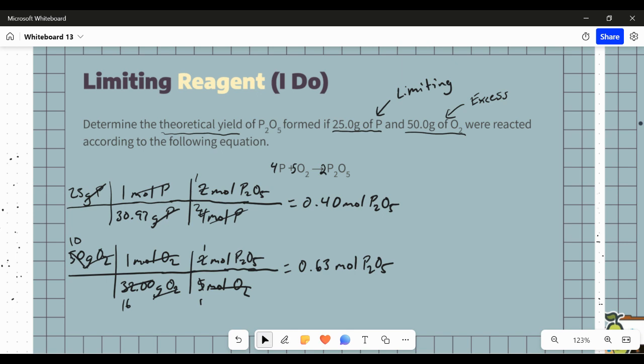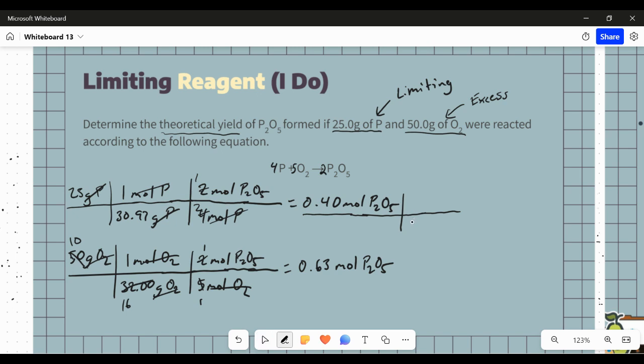That just means we have more than we need. Now I need the theoretical yield. So I'm going to take the moles produced from the limiting reagent, because that's the max we can produce with what we were given, and I'm going to convert this into grams. Theoretical yields are almost always reported in grams.